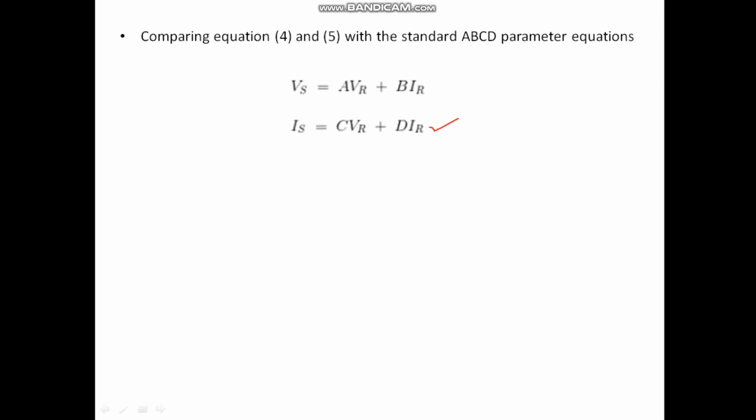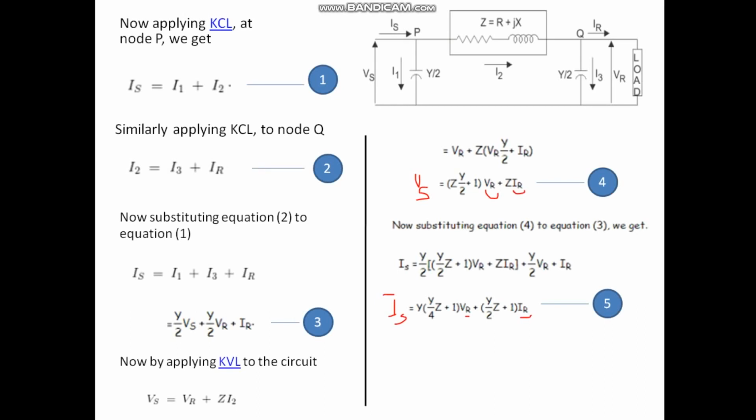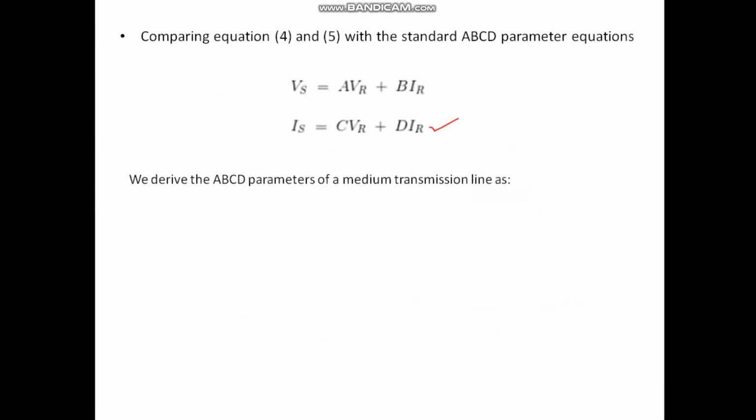Where if you come back here, see, Vs is this whole thing, I have taken it to be A, this is my B, this would be my C, and this would be my D. Okay, so YZ by 2 plus 1, come back here. So what is A? YZ by 2 plus 1, A.